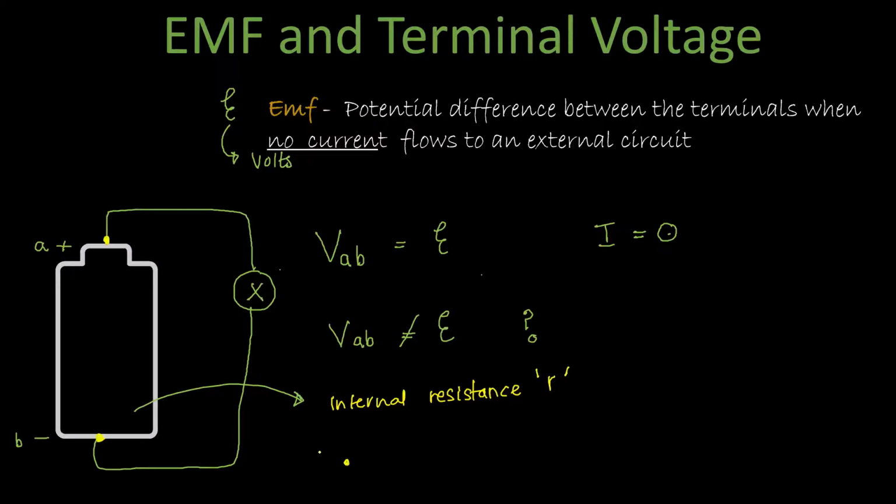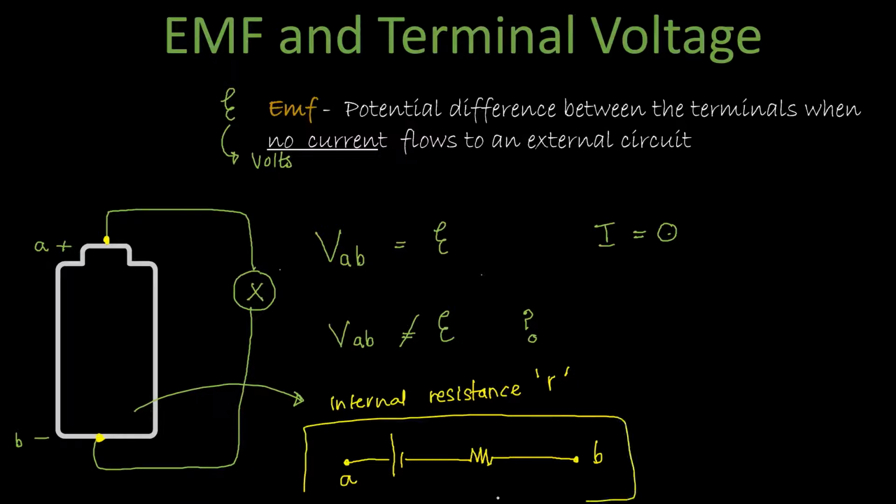The voltage difference between A and B, so I'll name this point A and this point B, these are the two ends of your battery, which are the two terminals, is made up of not only a cell or a source of electromotive force, there is also an internal resistance. So this is a diagram of a real battery.